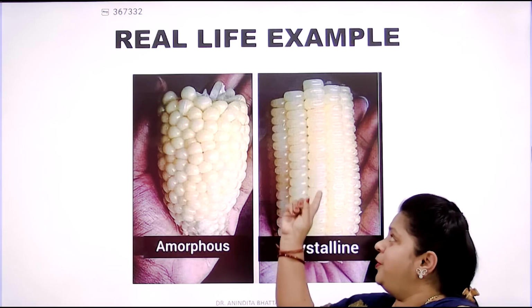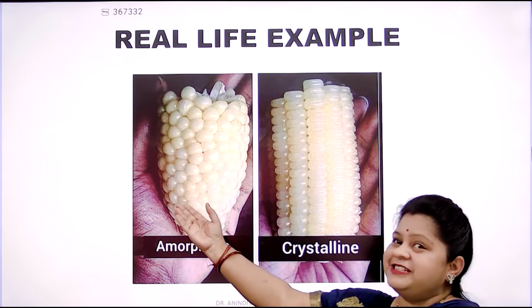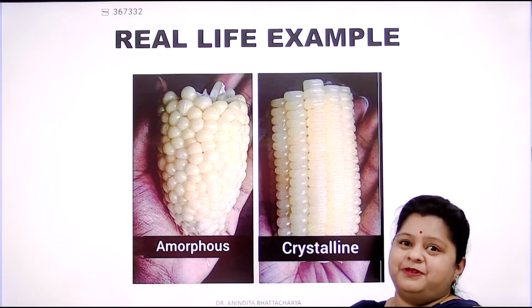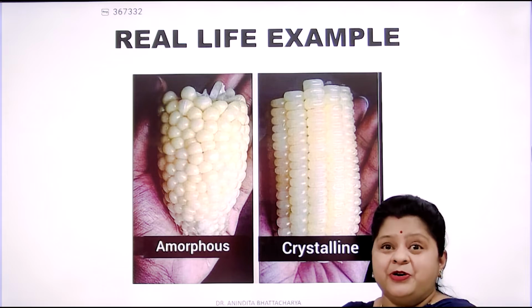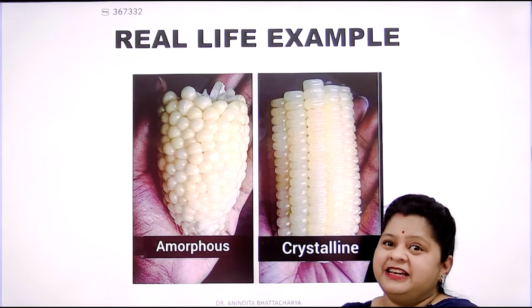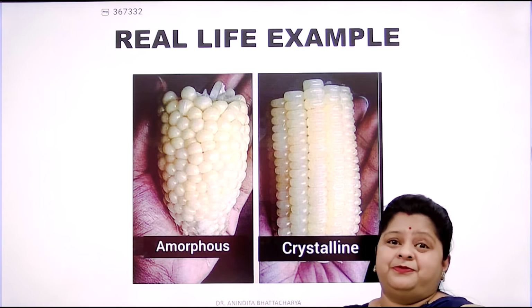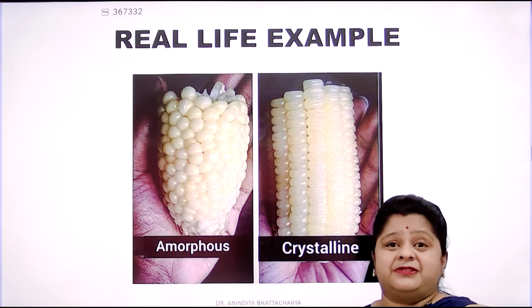We have a row of corns. So this is my amorphous example and this is my crystalline example. Nature gives us very good examples because chemistry is nothing but chemistry of real life. We are real life chemists.